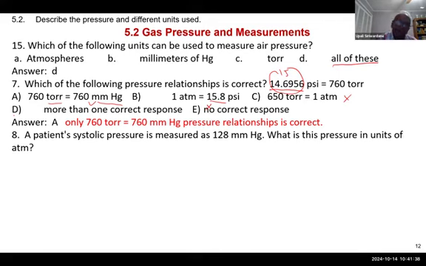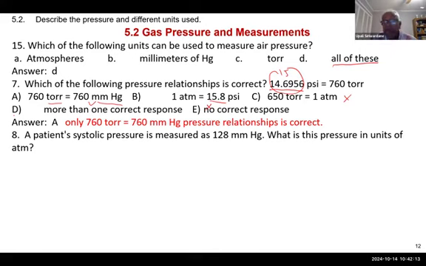Now, you heard about blood pressure. You have systolic and diastolic. It depends on the pressure of the blood. When the heart pumps, it increases the pressure. When blood is pumped into the cardiovascular system, that is the diastolic.